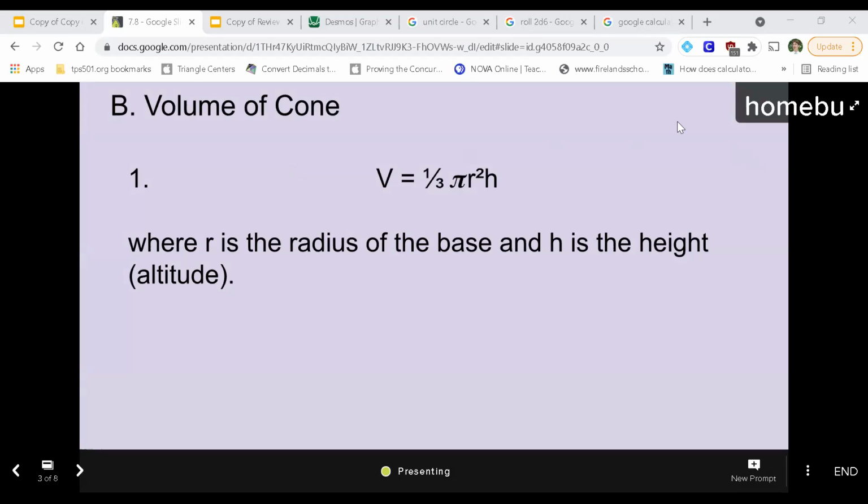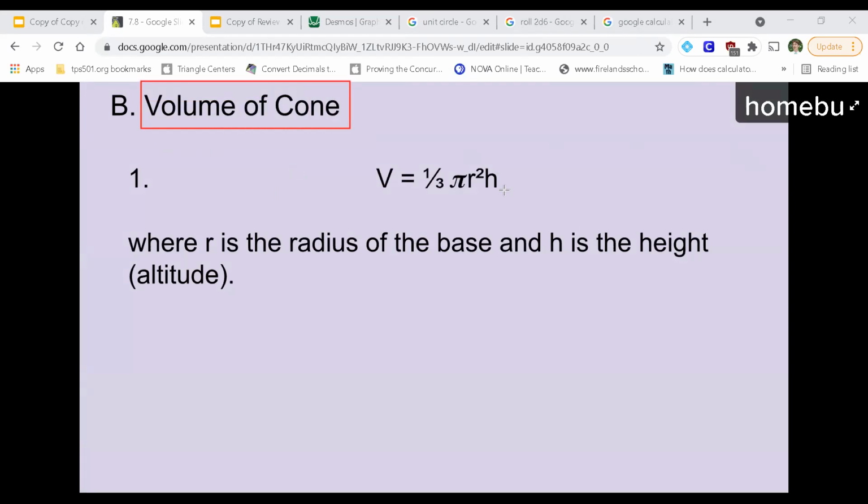The volume of a cone is actually one of the easiest solids. Probably the only one easier is a cylinder. The volume of a cone is just 1/3 pi times the radius squared times h. The key thing that you have to remember is that h is the actual height of the cone.